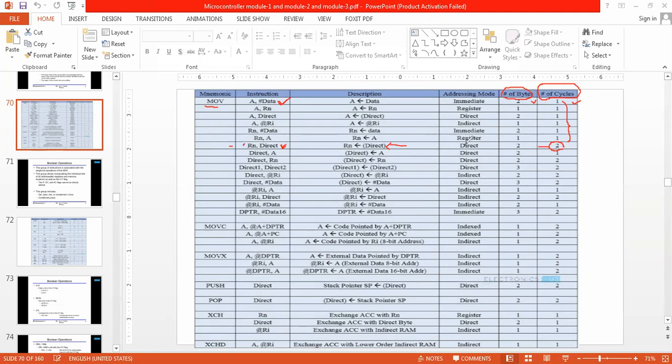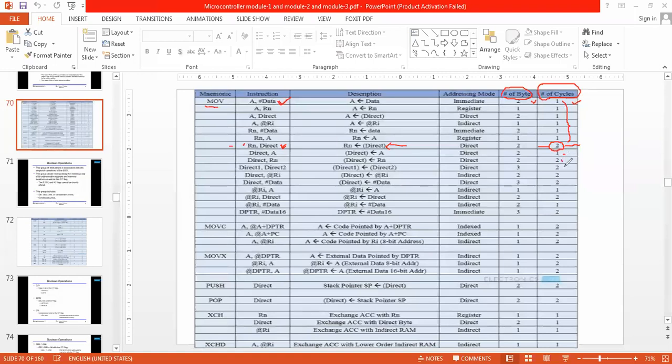That is why it takes 2 cycles. First, data address calculation, and then storing the data from that memory location into the register. So it is doing 2 works, that is why 2 cycles.